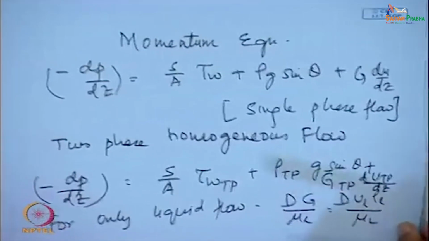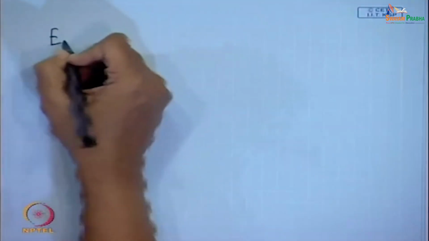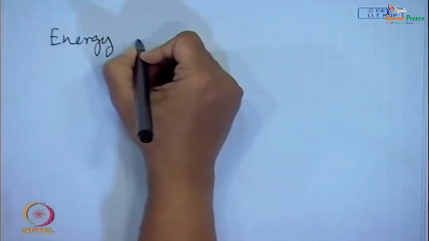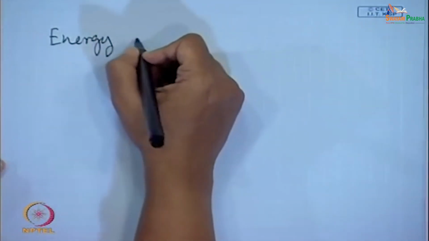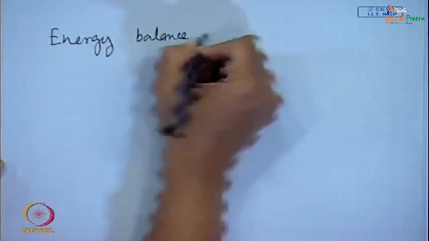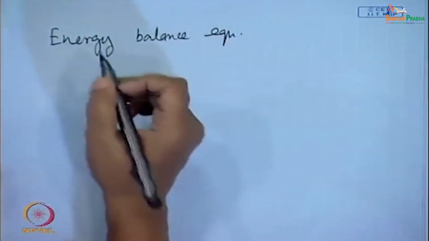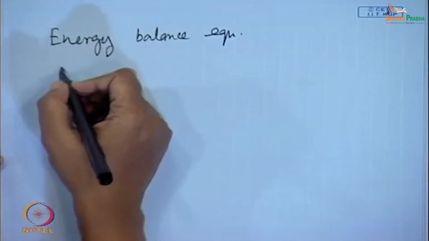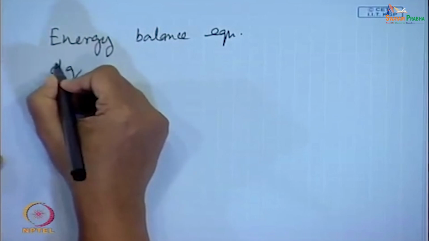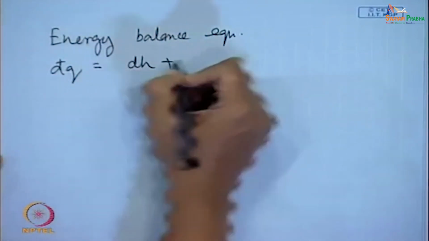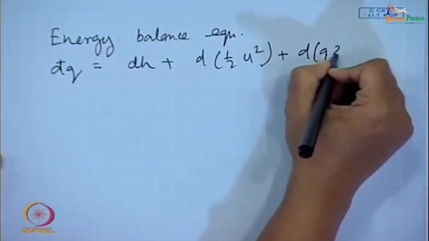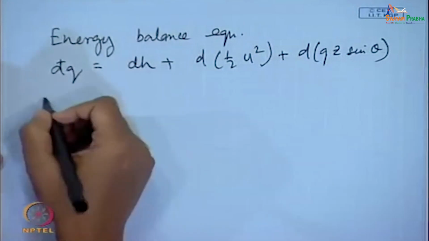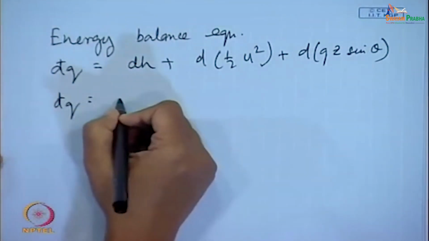Okay. Similarly, we will just do the three equations and then we will expand the momentum equation to find out the pressure drop or the pressure gradient from known input parameters. So, the energy balance equation, if we take it up, same thing that we had done in that particular case, it was dq equal to dH plus d half u square. Just in the previous class we had defined it. This particular case also it is going to be dq.